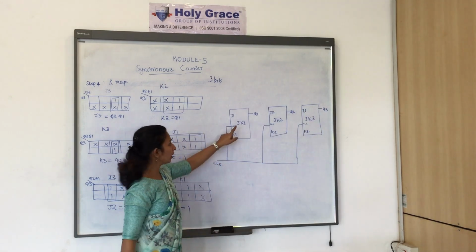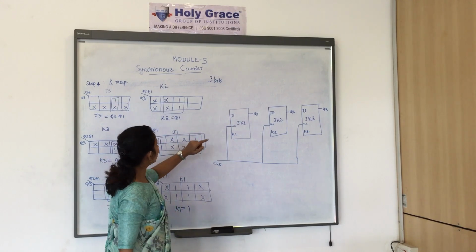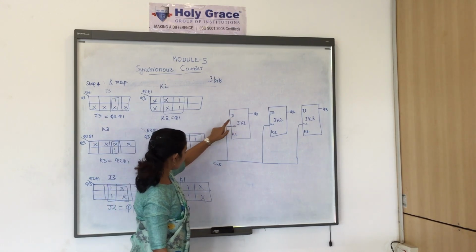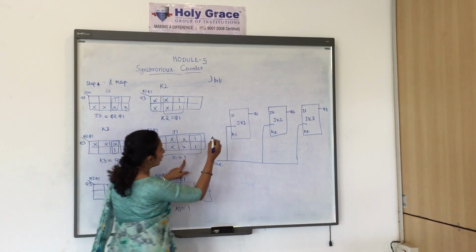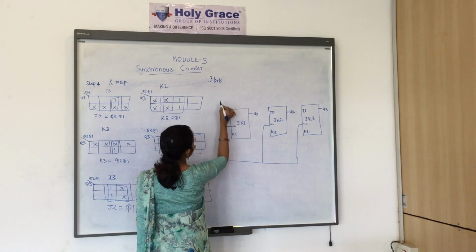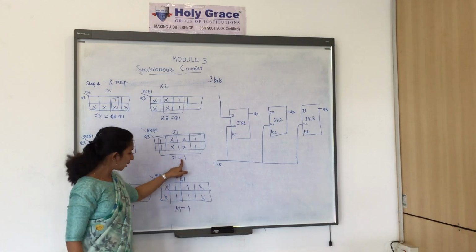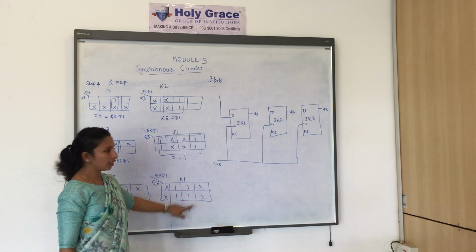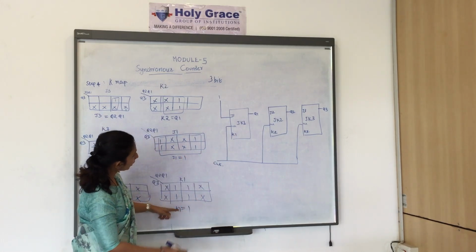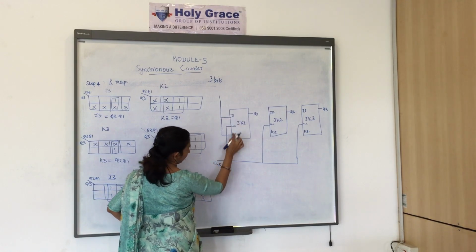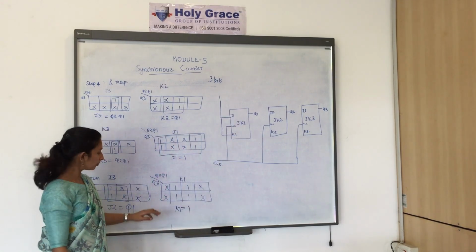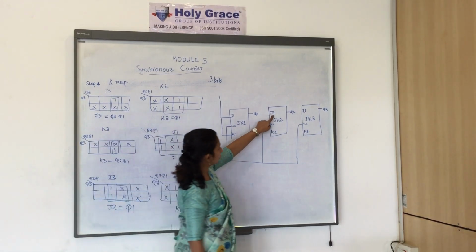Now I am going to give the inputs according to the equations. J1 is 1, that means I will give a 1 value to J1's input. K1 is also 1, so I can give a connection like this from J1 to K1.